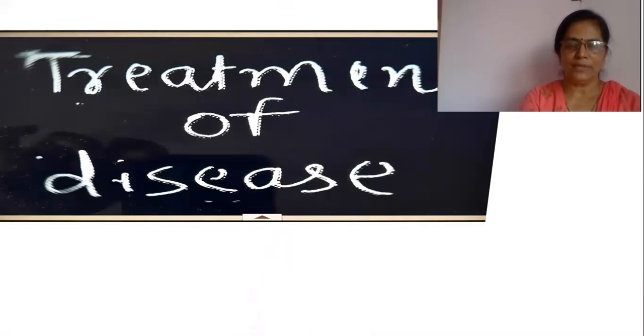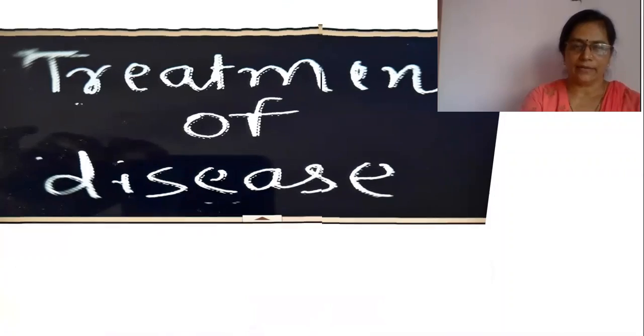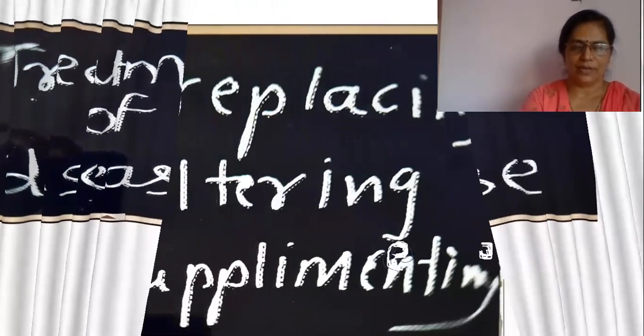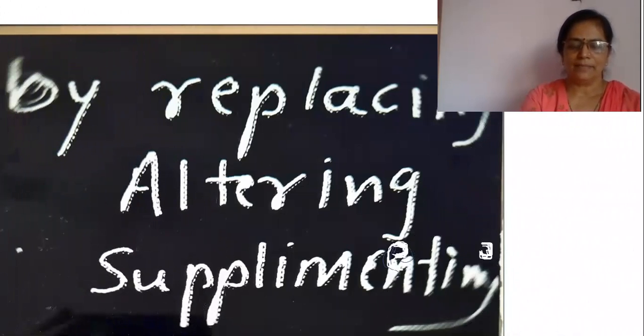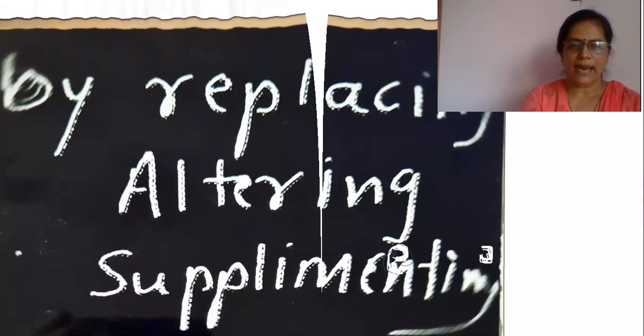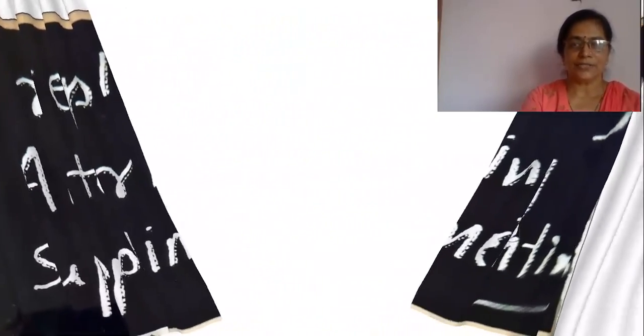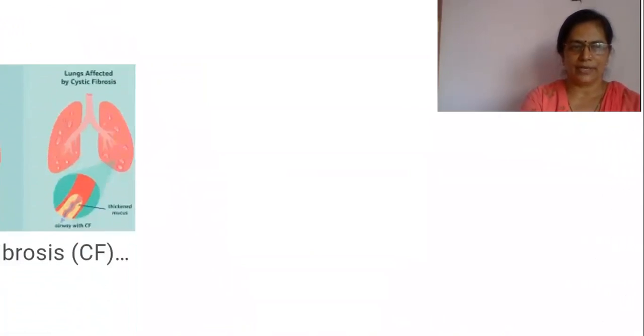The treatment of diseases is done with the help of that gene, and that's why it is called gene therapy. That means by replacing, altering, and supplementing the gene, the disease is cured, the disease is treated. This is called gene therapy.